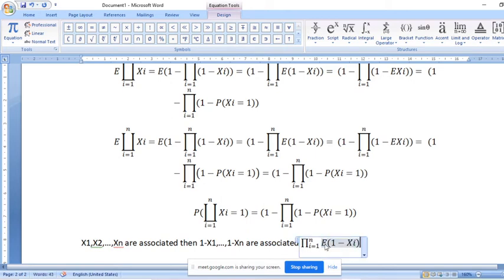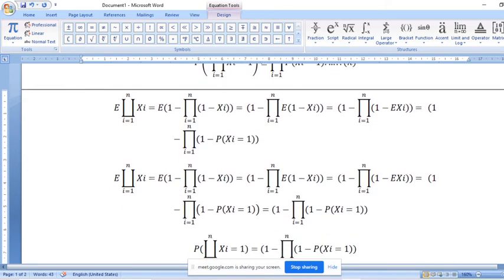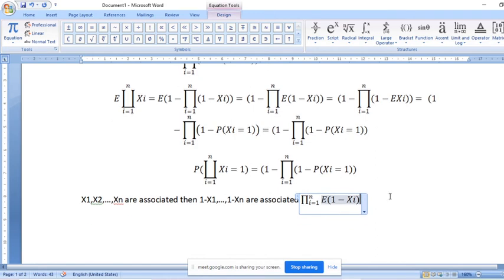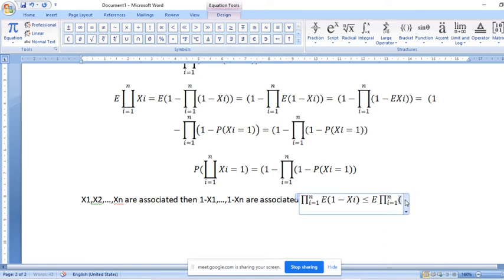Okay, that will be less than or equal to product of xi equal to 1, less than or equal to... from 1 to n of (1 minus xi). Okay, so automatically what happens?